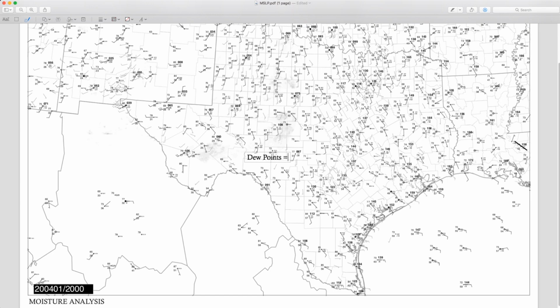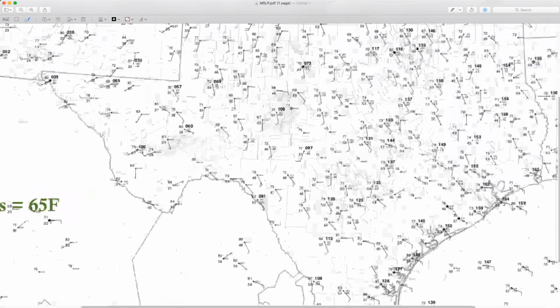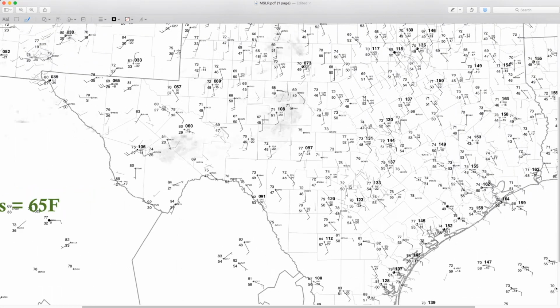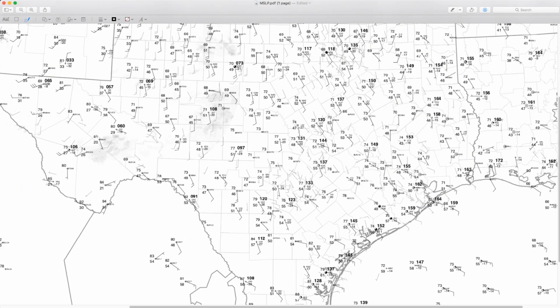I usually start at 65. So let's look for dew points of 65 Fahrenheit. And I'm going to start circling some of them here.